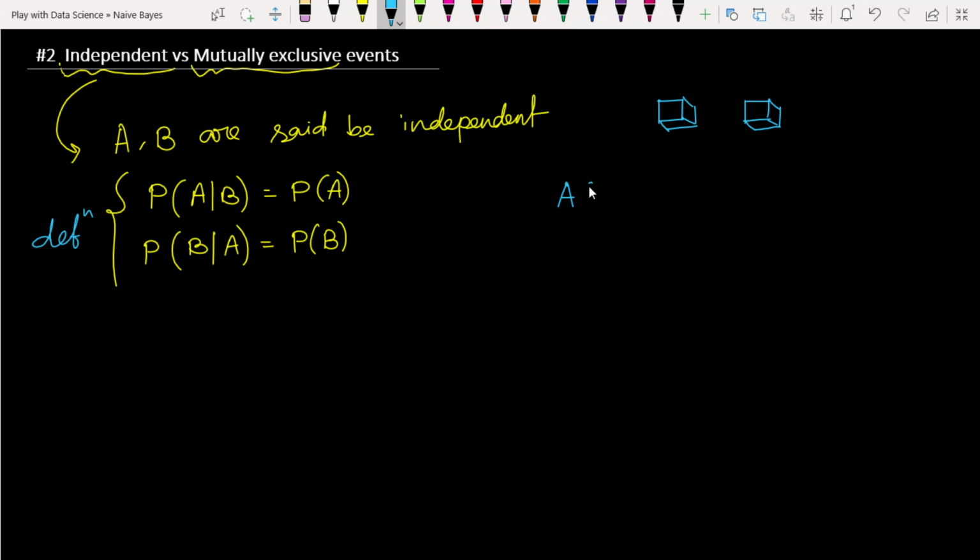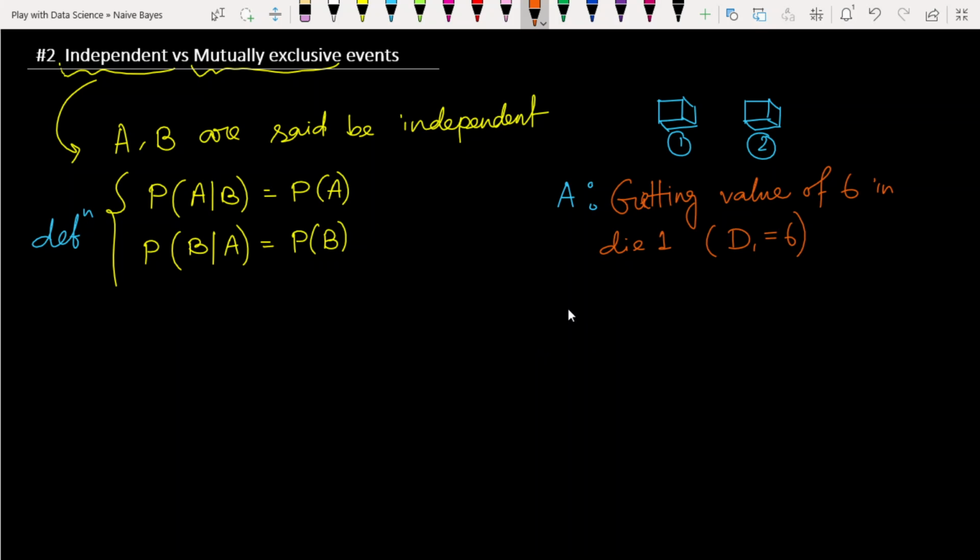Event A is getting the value 6 from the first die, that is die 1. Let's denote this event as d1 equals 6. Now our event B will be getting the value 3 on die 2.